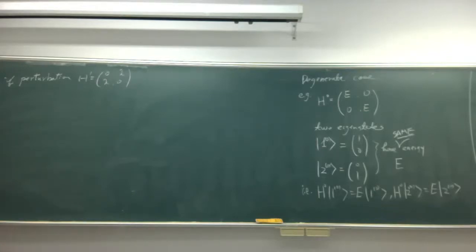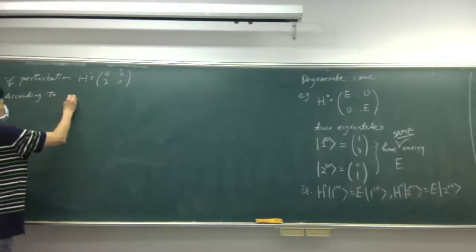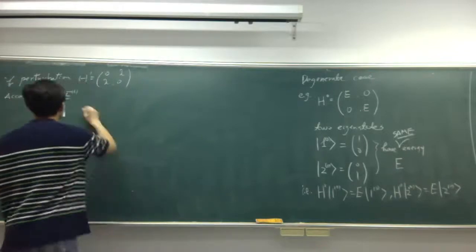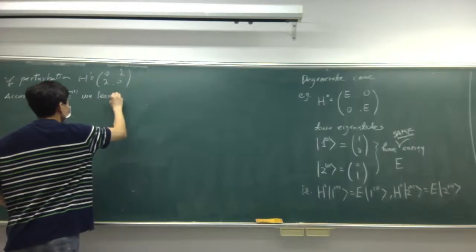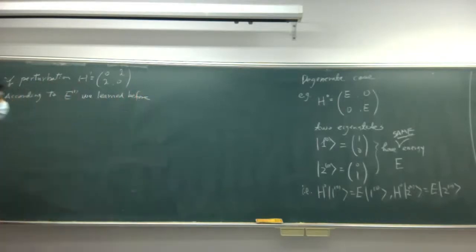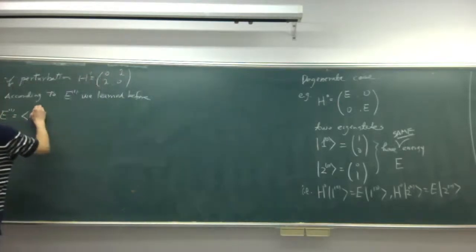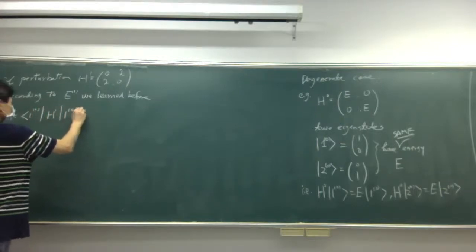According to the formula we learned before, the first-order energy correction, with n equals 1, involves the state 1, 0.